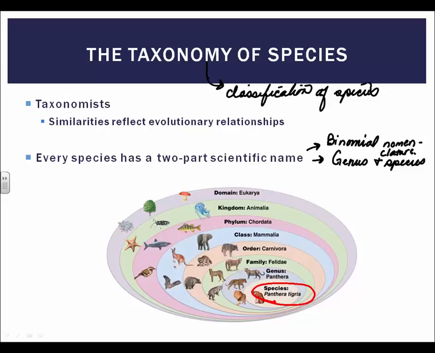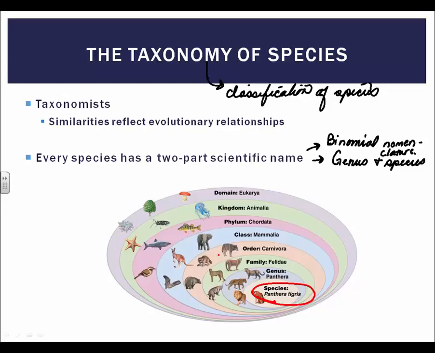Now, we have different domains. We have eukarya, we have archaea, we have bacteria. We have different kingdoms, archaea, protists, and so on, animal, plants. And then we have different phyla. We have different classes. We have different orders. We have different families, but it's just the subcategories.